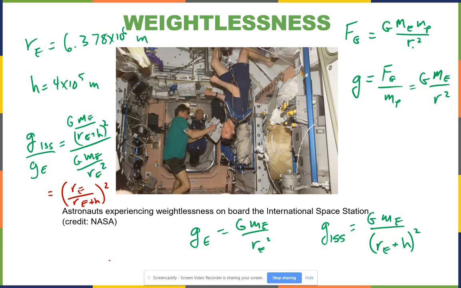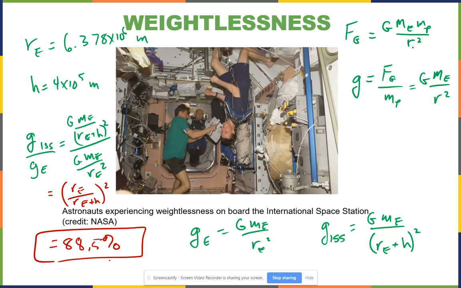I square it, and I get 88.5%. So the person's weight in the International Space Station is 88.5% what it is on Earth.